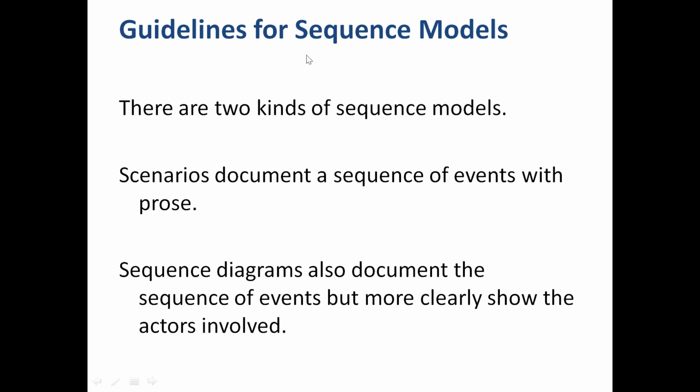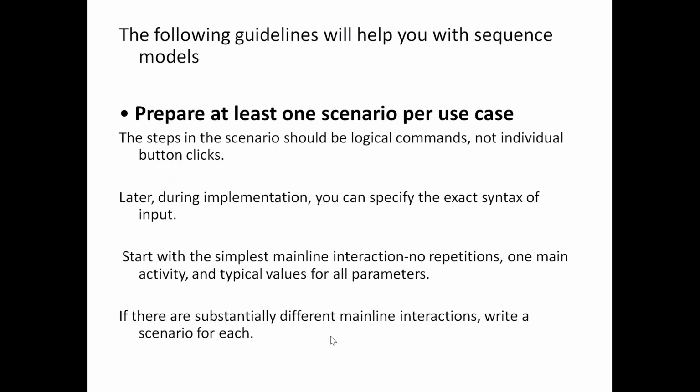So there are two kinds of sequence models. Scenarios document a sequence of events with prose. Sequence diagrams also document the sequence of events but more clearly show the actors involved. This is the difference between the two: one shows it in textual form, the other is clearer by showing even the actors and objects.